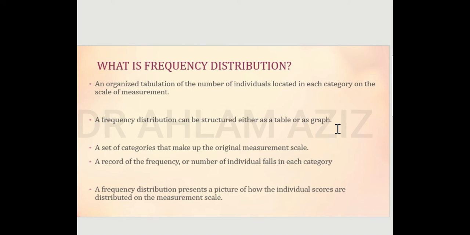Frequency distribution is a set of categories that make up the original measurement scale, and it also records the frequency or number of individuals that fall in each category.